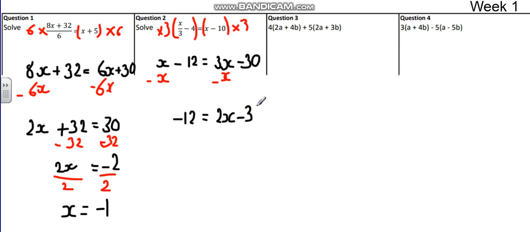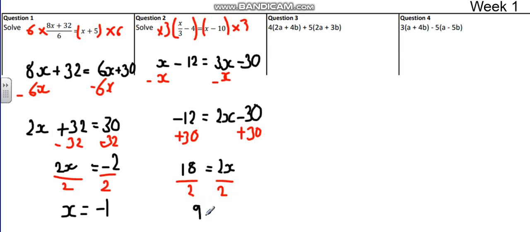Now I want to leave the x's on their own, just so there. So I need to get rid of this negative 30, so I'm going to add 30 to both sides. Okay, so minus 12 add 30 is 18, and we get 2x there, and minus 30 add 30 cancels, so now I've got 18 is 2x, so again I'm going to divide by 2 because I want to find 1x, so we get 9 equals x, or x equals 9.